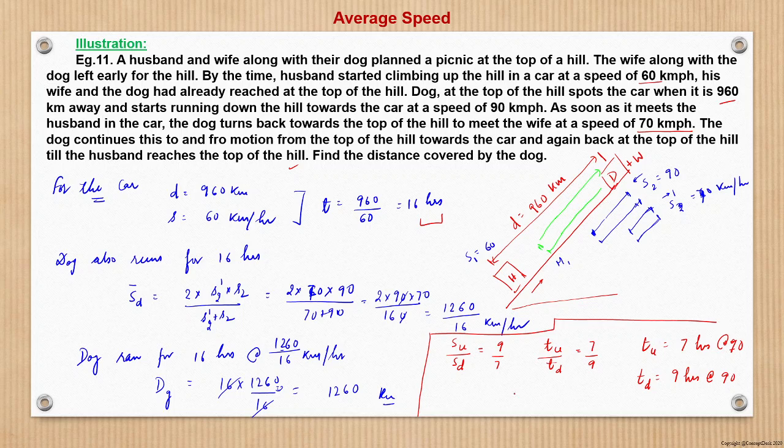So total distance will be what? Sorry, here the speed upward upon downward is 7 by 9. So the time upward upon downward will be 9 by 7.